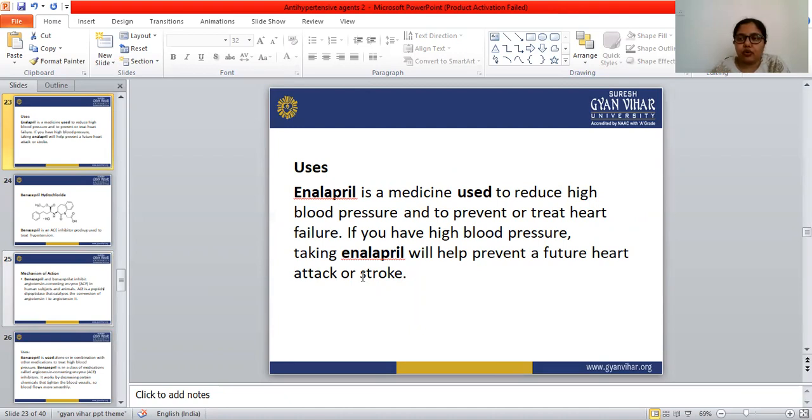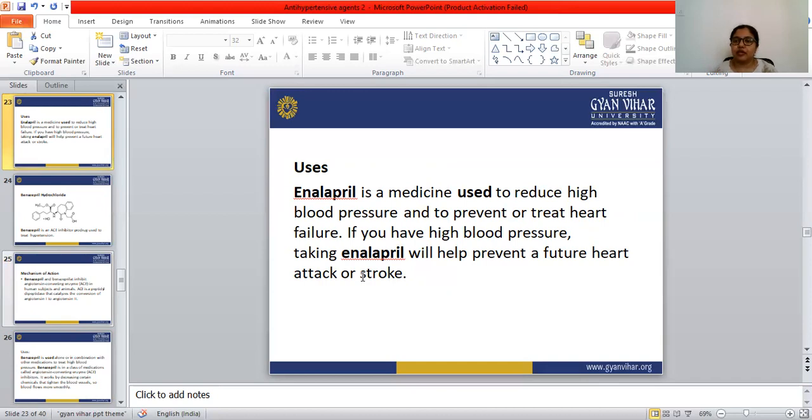So enalapril is a prodrug of ACE inhibitors. When this tablet is taken by the patient, it is converted into enalaprilat. Enalaprilat reduces the angiotensin converting enzyme, and due to that inhibition of ACE, the level of angiotensin 2 decreases, because this enzyme is responsible for the conversion of angiotensin 1 to angiotensin 2.